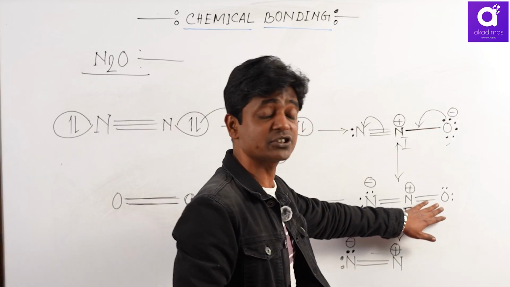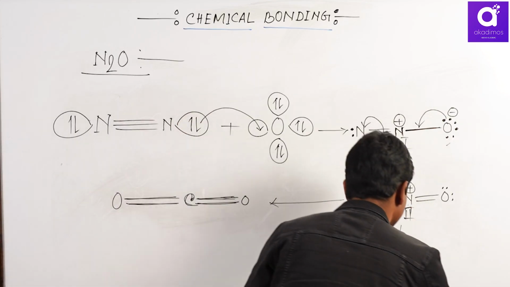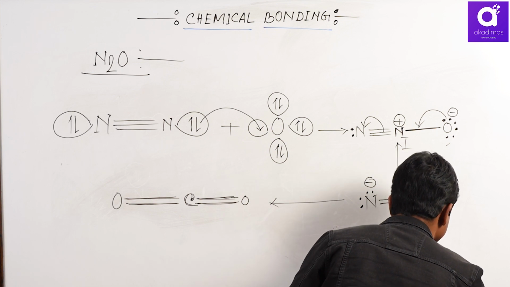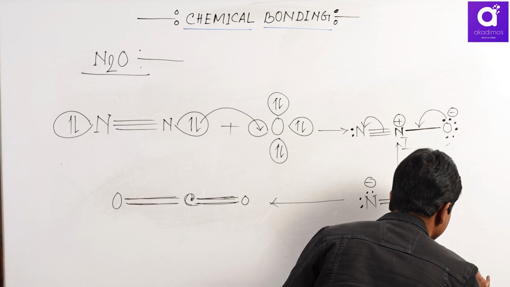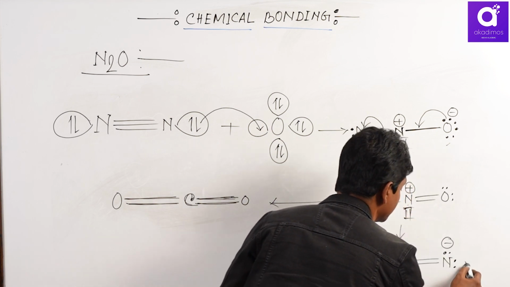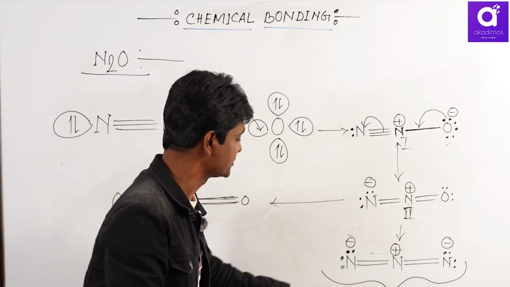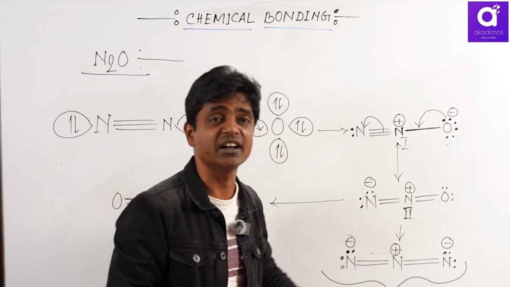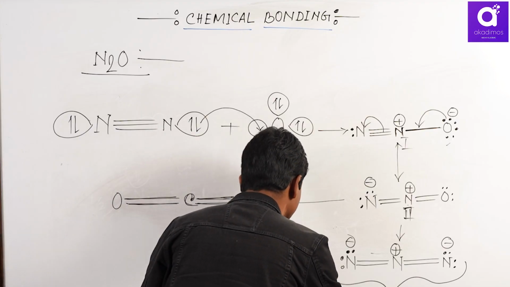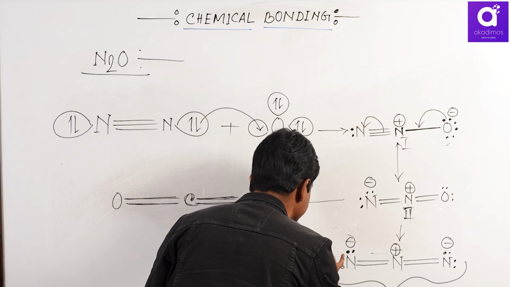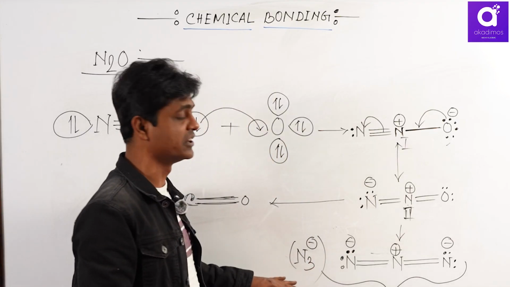Just here I will replace oxygen by N minus. We replace oxygen by N minus. See what you got. This is N3 minus. Azide radical you got simply. Azide radical. This is also a pseudo halide ion.